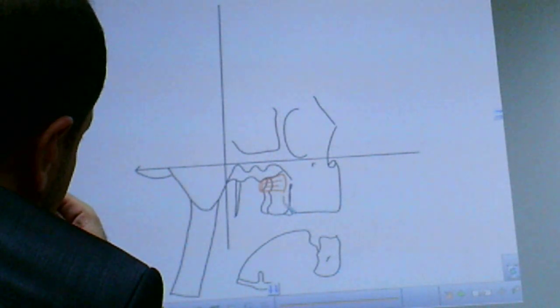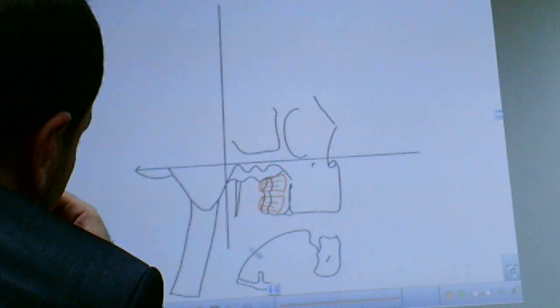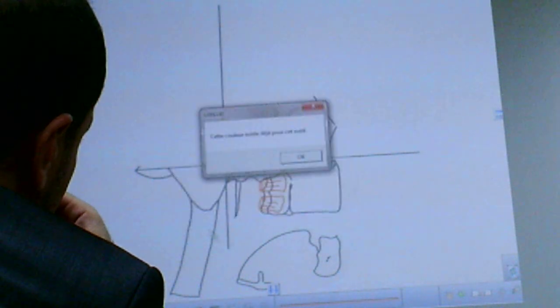You remember that there is a little hole here, a meatus from the orbital pedicle. And this time we will not represent the entire mandible, but only the symphysis.